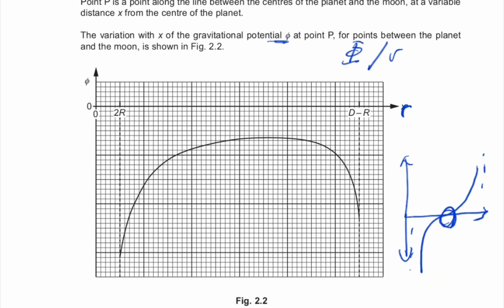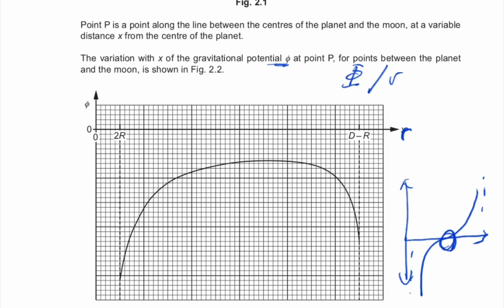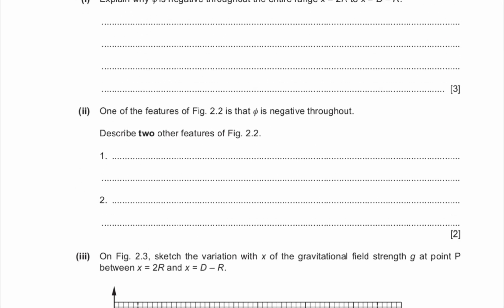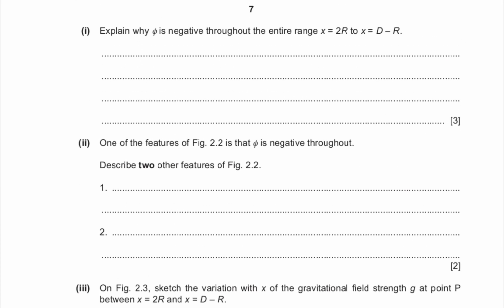So they gave us this nice little graph over here. We can tell that this is probably the moon, because you have more potential closer to the Earth because it is of a bigger mass. So let's see what they want us to do. They tell us, explain why phi is negative throughout the entire range of x is 2r to x is d minus r.